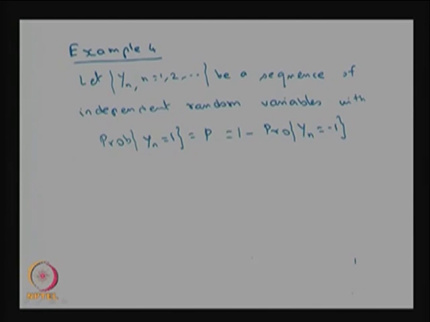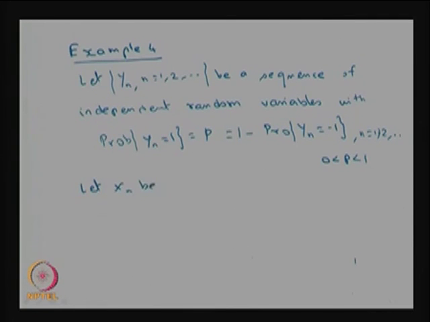The probability of Y n takes a value 1 is p. You can assume that p takes a value 0 to 1, that is the same as 1 minus the probability of Y n takes a value minus 1, for all n. Now, I am going to define another random variable.